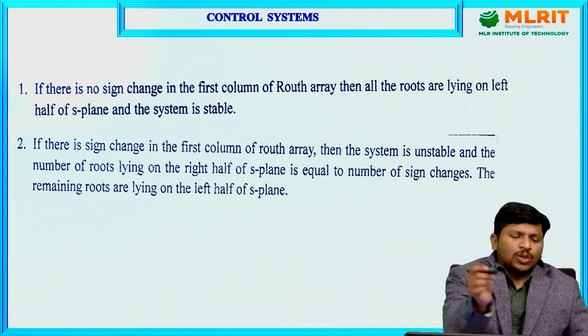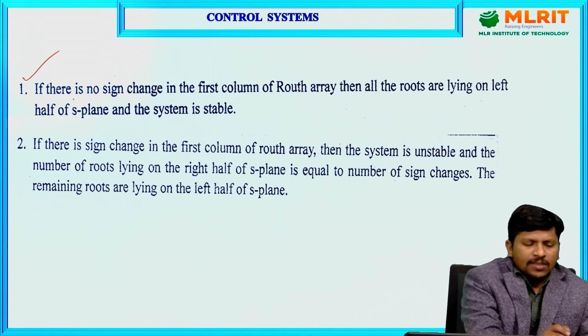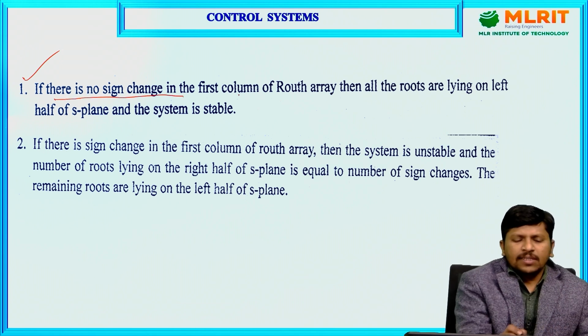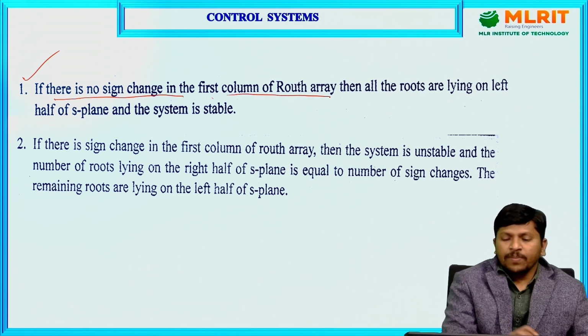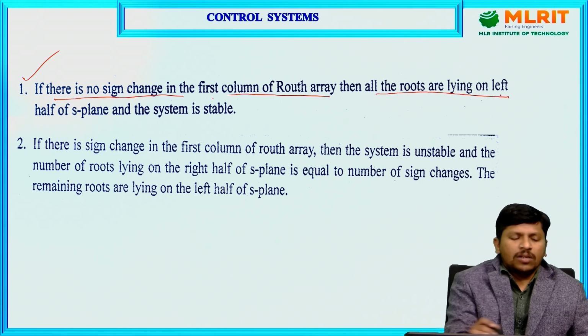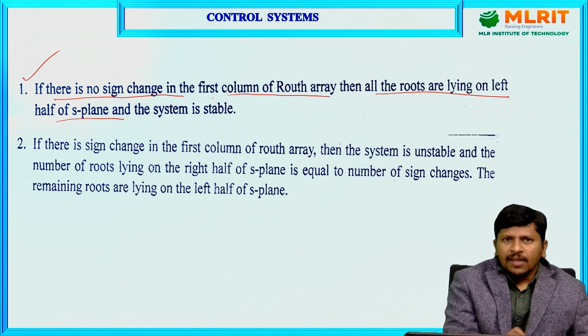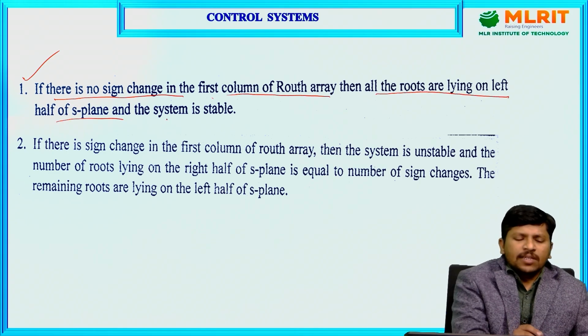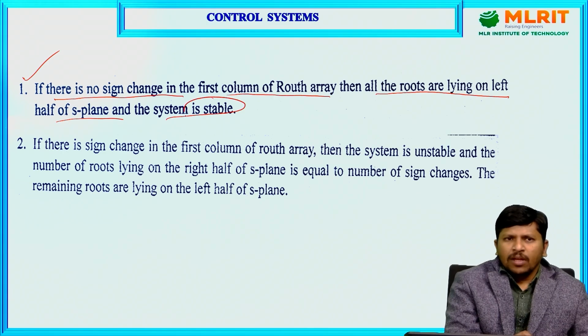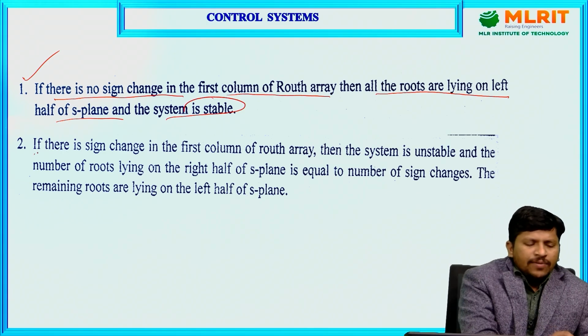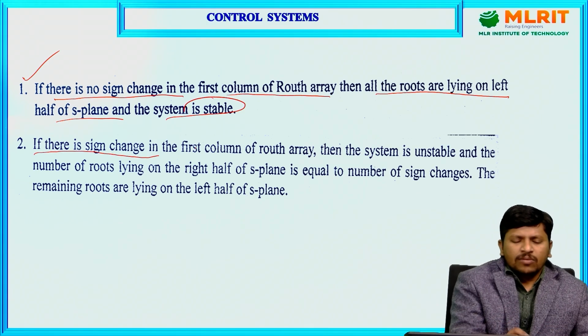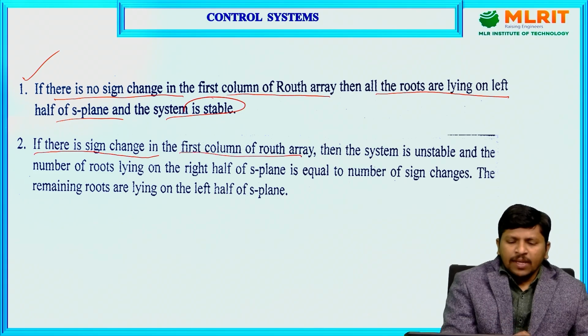See, there are two cases here. In the first case, if there is no sign change in the first column of the Routh array, then all the roots lie on the left half of the S-plane, and that type of system is the stable system. In the second case, if there are sign changes in the first column of the Routh array, then the system is unstable.